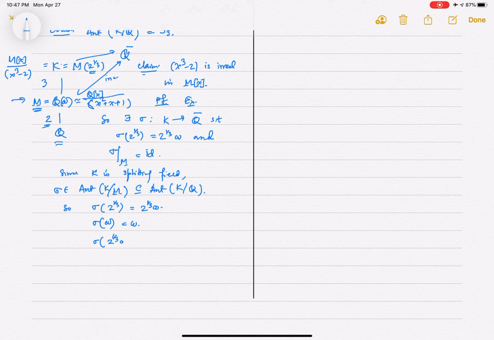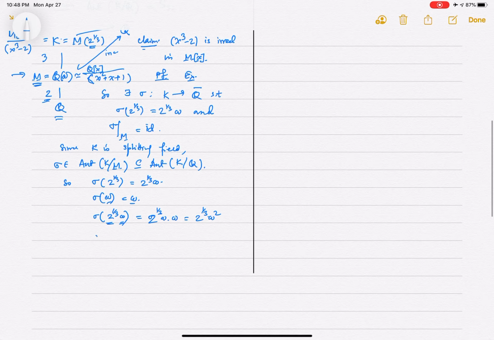It takes this to sigma of the first thing times sigma of the second thing, which would be 2 to the 1/3 omega times omega. So that's 2 to the 1/3 omega squared, because it takes omega to omega, you see. And then 2 to the 1/3 omega squared, by the same token, would go to 2 to the 1/3 omega times omega squared, because omega goes to omega, which is 2 to the 1/3.